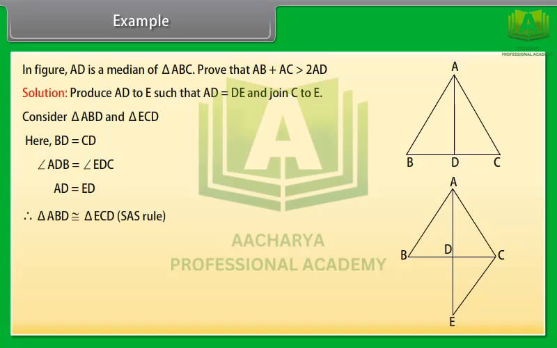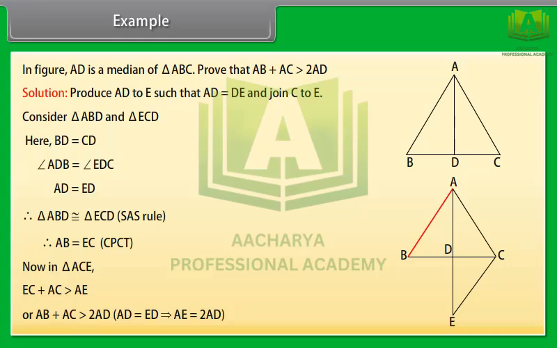Therefore, by the SAS congruence rule, triangle ABD is congruent to triangle ECD. Therefore, AB is equal to EC, by CPCT. Now, in triangle ACE, EC plus AC is greater than AE, or AB plus AC is greater than 2AD, because AD is equal to DE, which implies that AE is equal to 2AD.